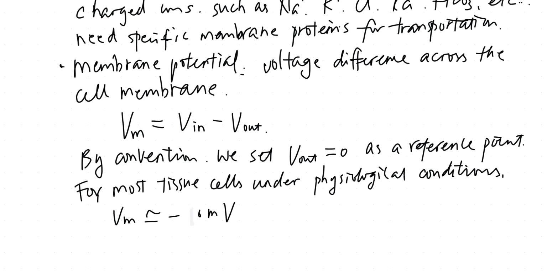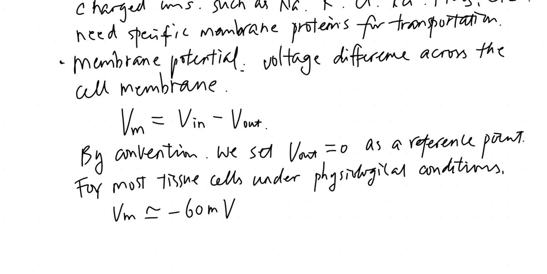Again, this is under normal conditions. And in a lot of cases, for example, for cancer cells, or for cells under pathological conditions, or during neuron firing, the membrane potential can be different from this value, and sometimes they may be depolarized. That means they become less negative, for example, become minus 30 millivolts. That would be a depolarization.